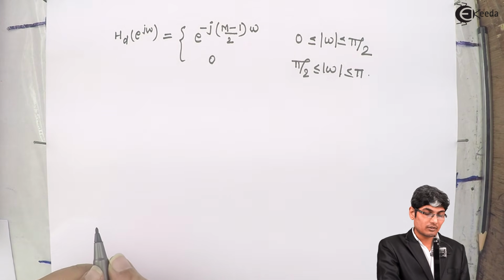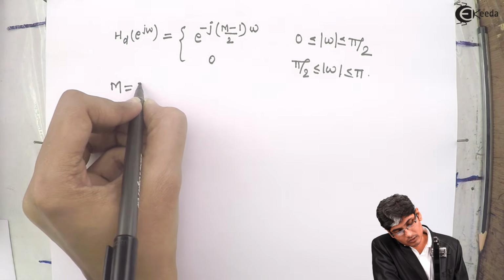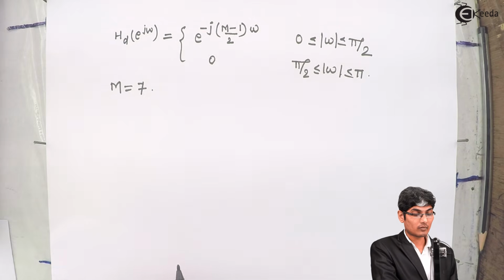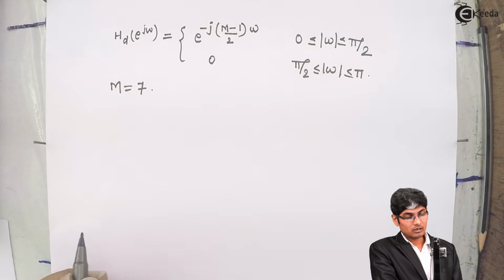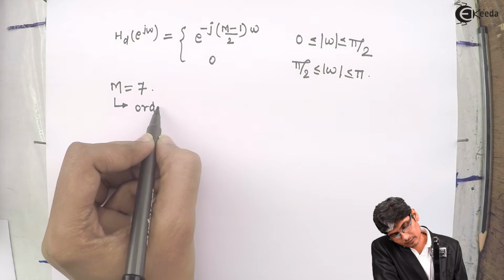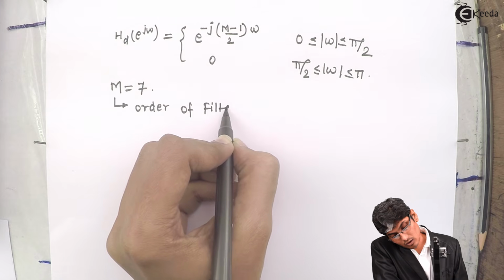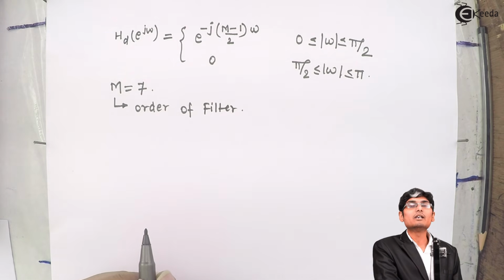This is what is given to me, and they have given M equal to 7. Now M over here is called the order of the filter. So the order of the filter is 7.